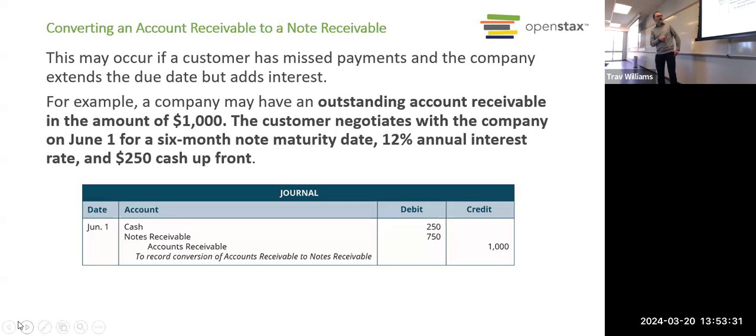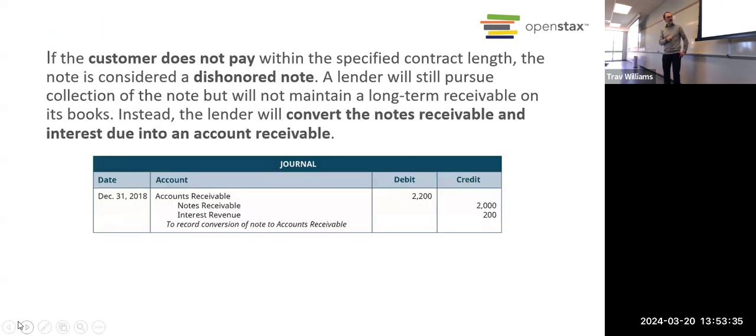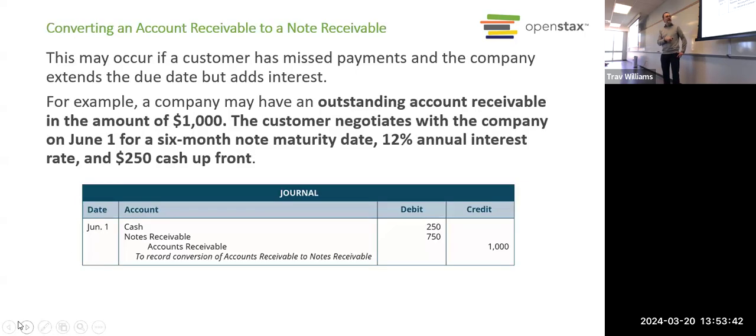Okay. So here's a case. This is the other way. Because on that last one, we were converting a note into an account receivable. In some cases, you might convert an account receivable into a note. That's what's happening here. So there was a customer that owed us some money. It was an account receivable. They didn't pay us.